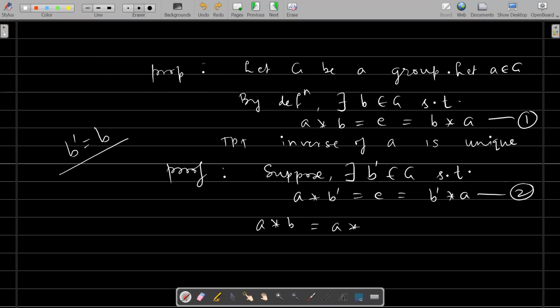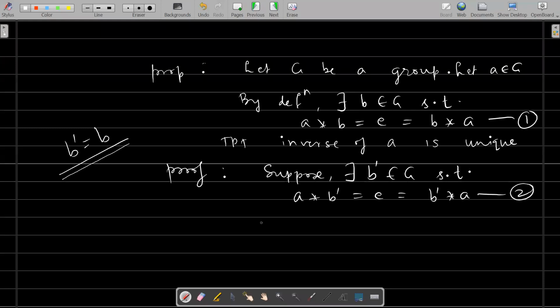Just tell me from the beginning. Our aim is to show that B dash is the same as B. Sir, we can consider equation 1, multiply both sides by B dash. Then we also know that A into B dash is identity. Therefore, we get that B is equal to B dash.